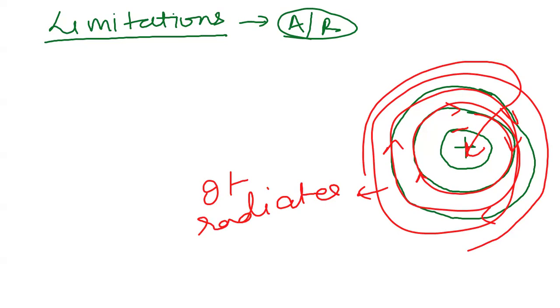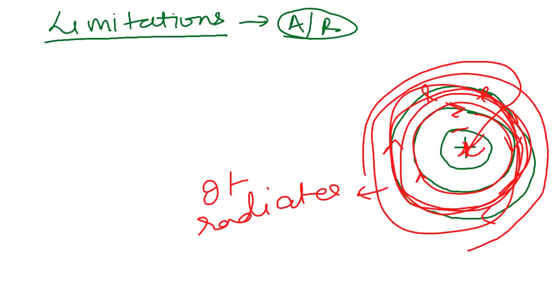Whenever any shooting star falls on the Earth's surface, what happens? It is radiating energy, right? So it radiates energy, and when it is radiating energy, then it will fall. And apart from that, there are other electrons also. So when electrons move, they will collide. They will fall.